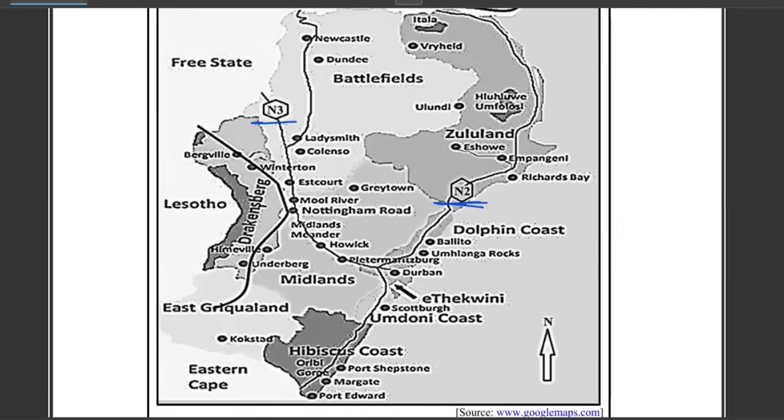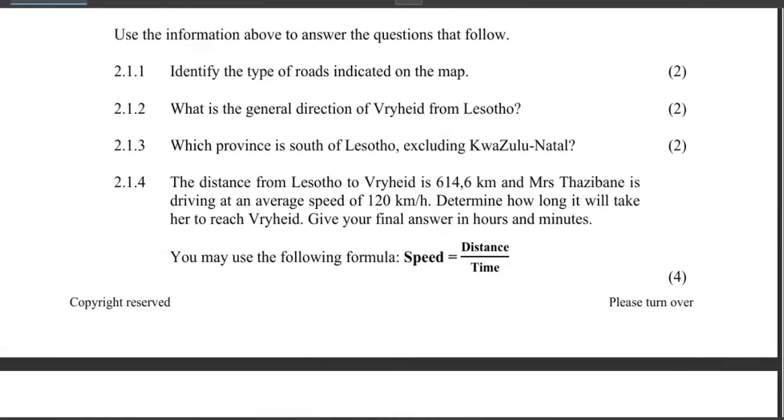So we shall call them national roads, N.